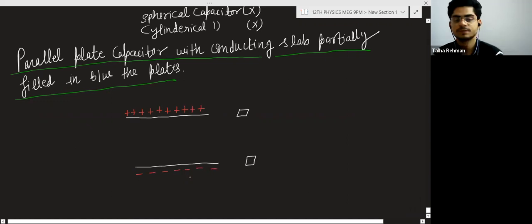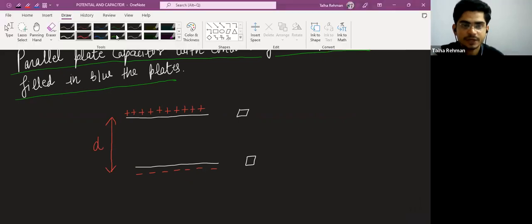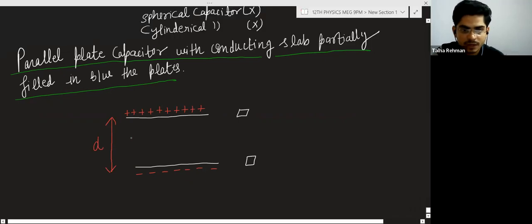These both plates are separated by distance d. And now what I am doing, I am placing not a dielectric, but a conducting slab.